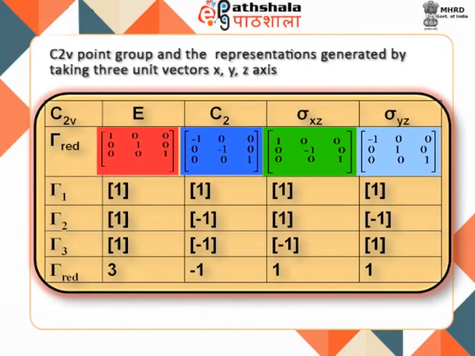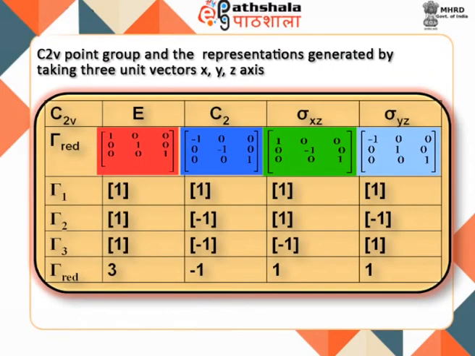Now, if we take 3 unit vectors x, y, z along the x, y, z axes, then the z unit vector forms the basis for the one-dimensional representation and the x and y unit vectors form the basis for the two-dimensional representation.